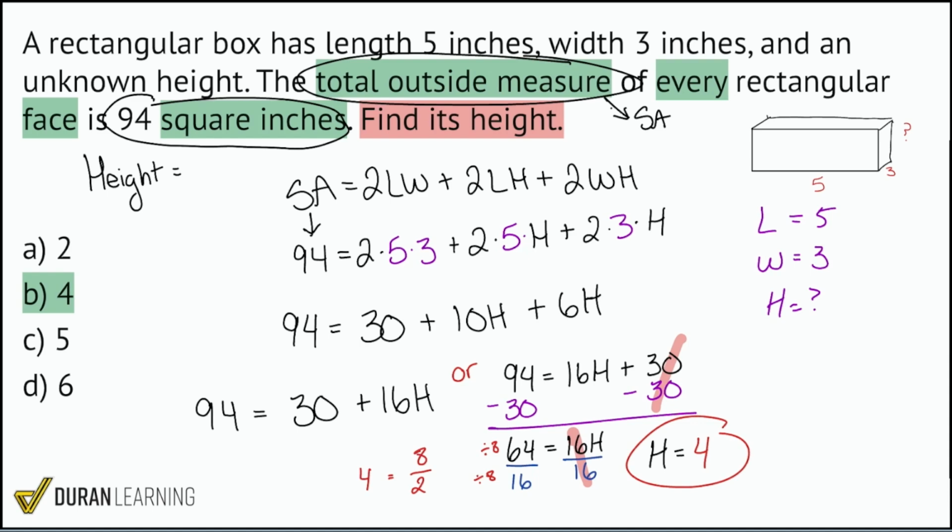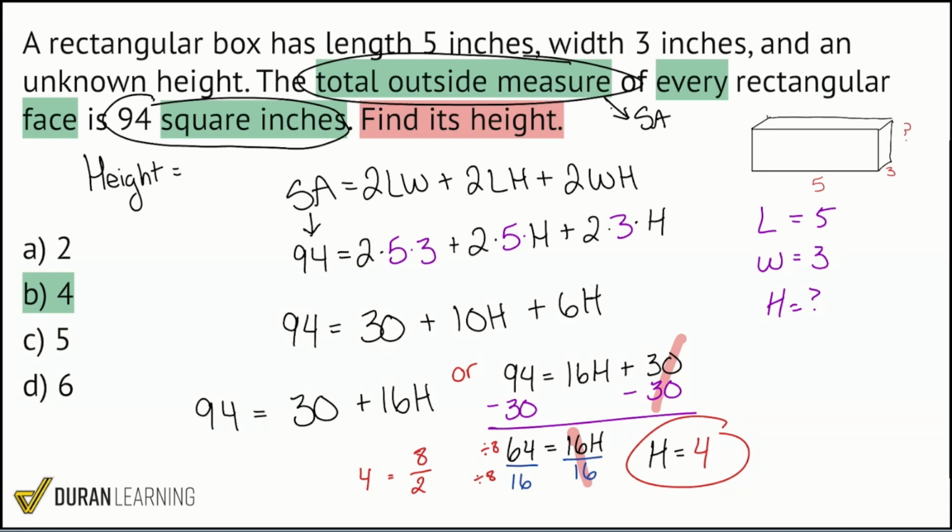That's what tells us to lay out our formula for surface area for a rectangular box. And then from there, we plugged in what we know. The length was 5, the width was 3, and the surface area was 94. Once we plugged everything in, it was just sorting through the mud, cleaning things up, adding like terms. And then once we had the equation, it was just a matter of solving it.